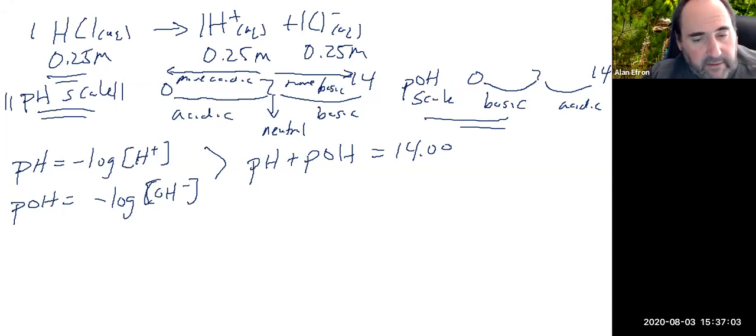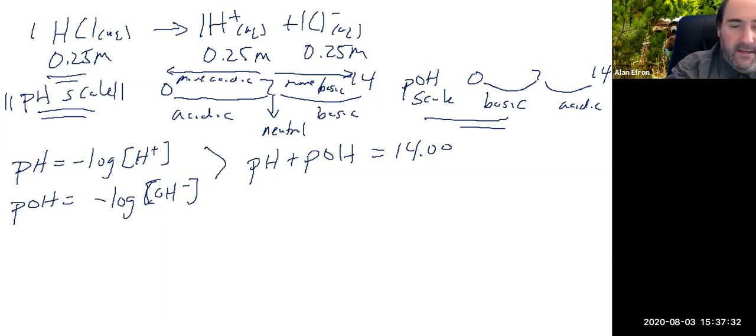If you want the pH, you can calculate the pOH if you're only given the OH minus concentration and then subtract from 14, and vice versa. If you have the H plus given to you, get the pH, and then you can subtract from 14 to get the pOH.